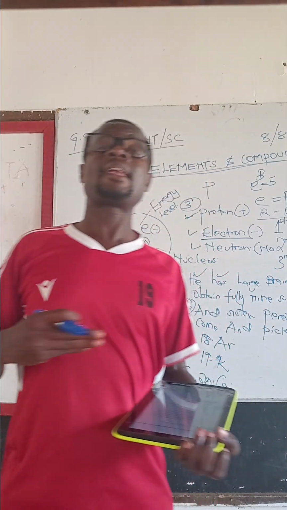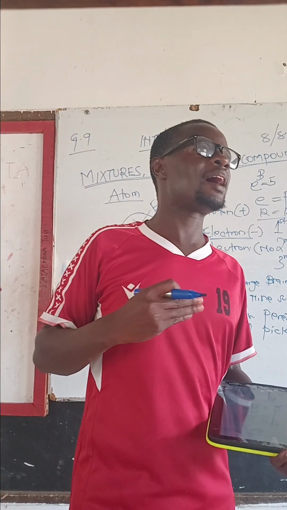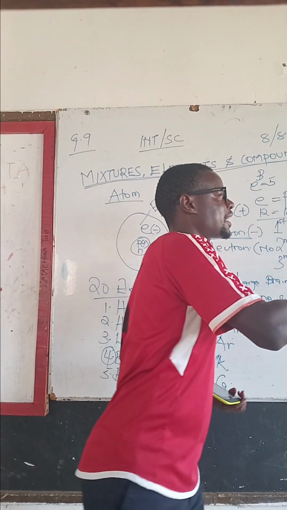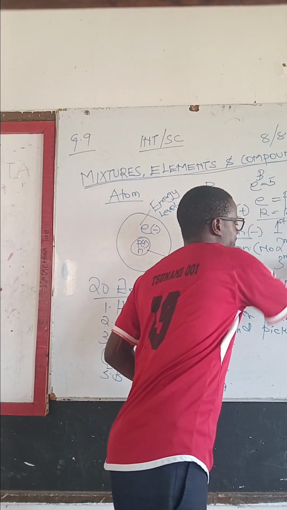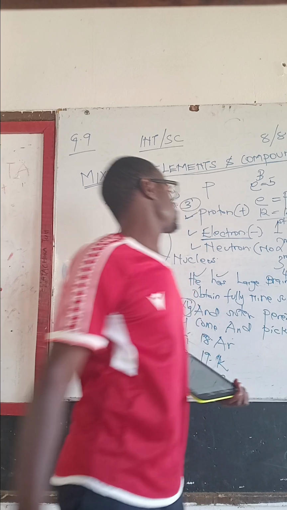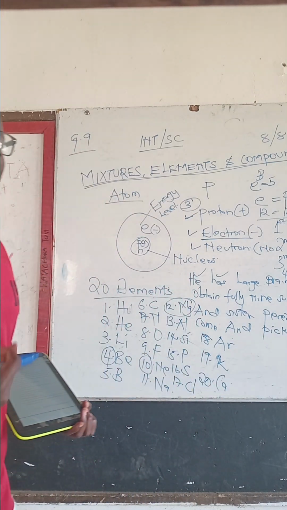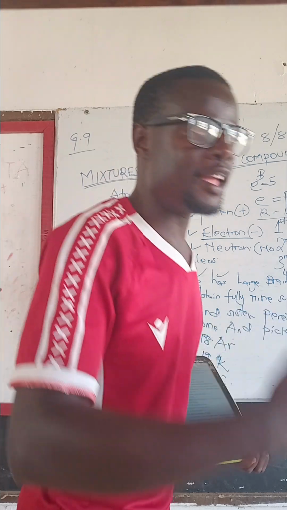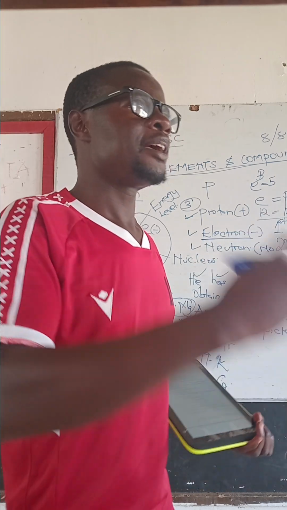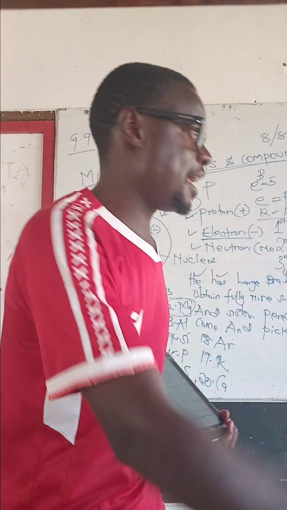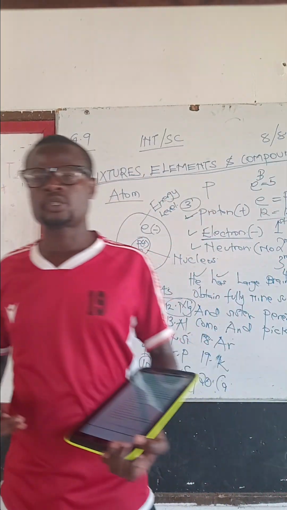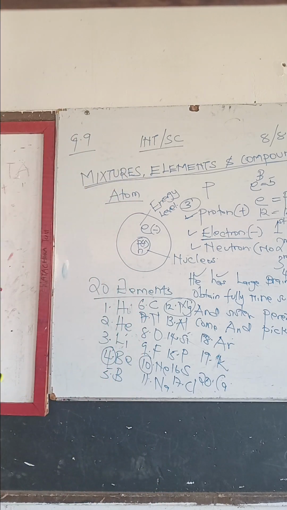The fourth also can accommodate 8 electrons. The first, 2. The second, 8. The third, 8. The fourth, 8. That is the rule that we will follow while distributing these electrons. So let us see how we can distribute the electrons.